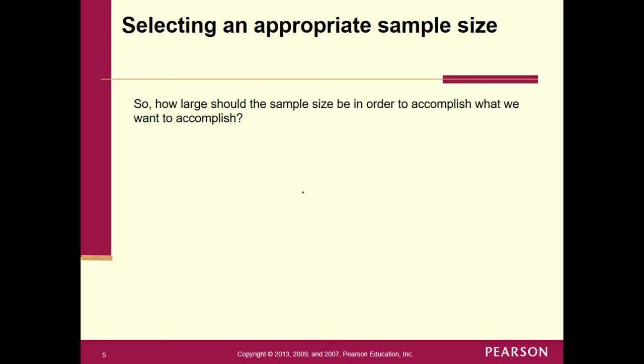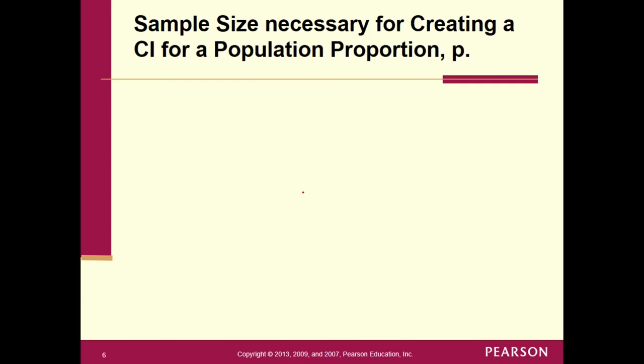And so we're just going to go over one scenario, and that scenario is that we want to know how large of a sample size we need in order to create a confidence interval for the population proportion P. So ultimately, the researcher is trying to create a confidence interval for the population proportion P, but we need to know how large of a sample size we need to do it.